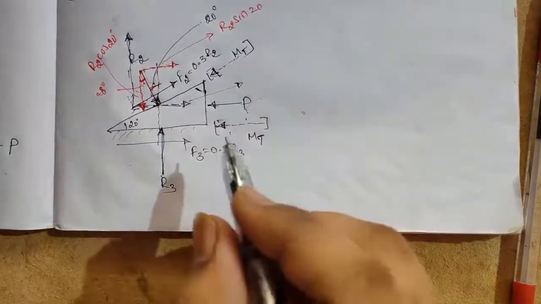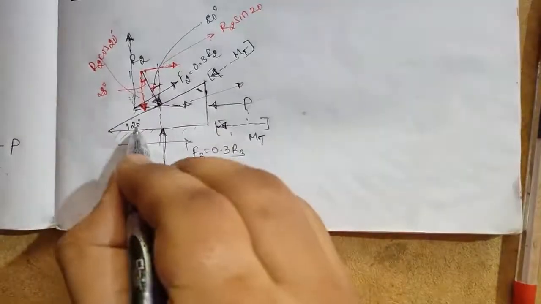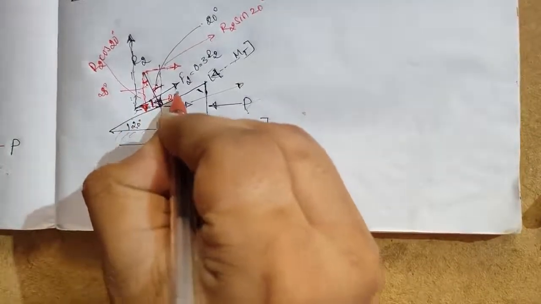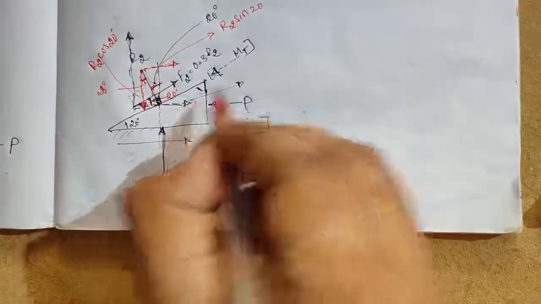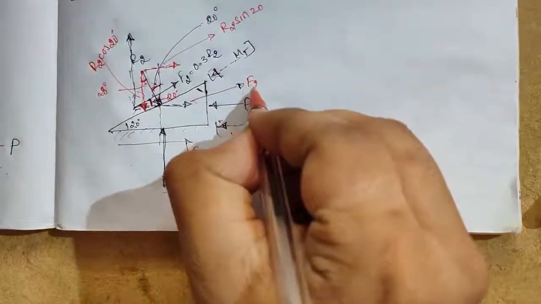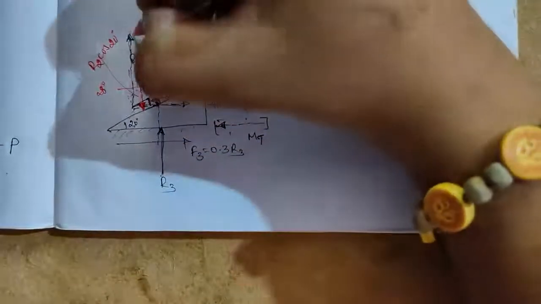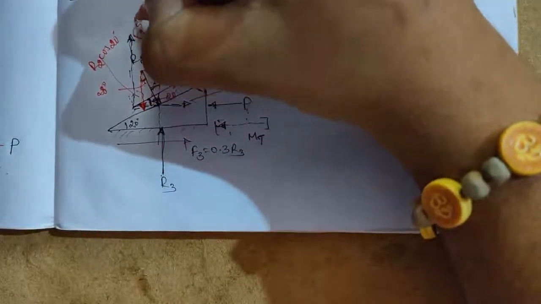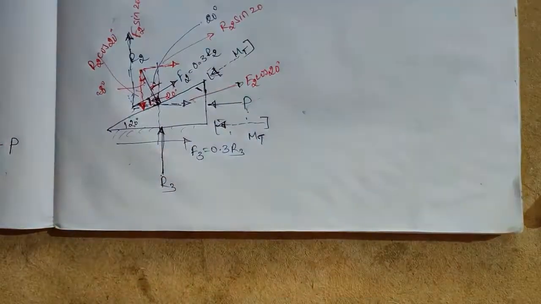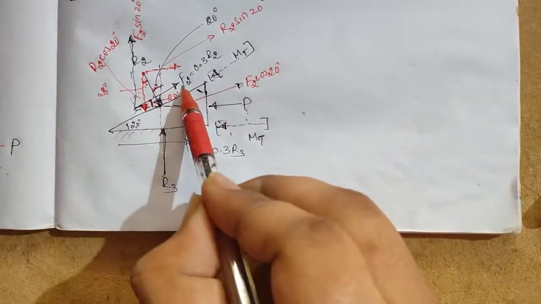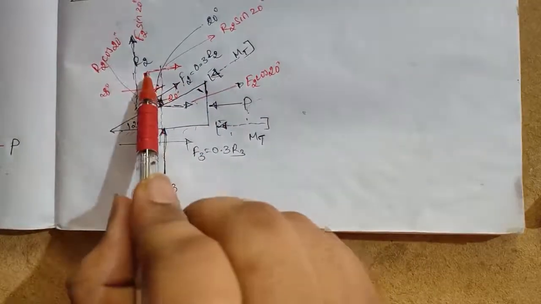F2, this is 20 degree, so this will be 20 degree, right? F2 cos 20 degree, and this one will be F2 sin 20 degree. So I resolved both F2 and also R2.